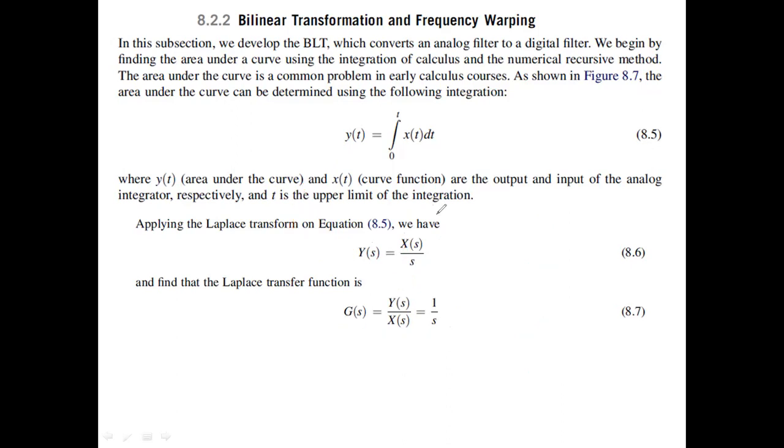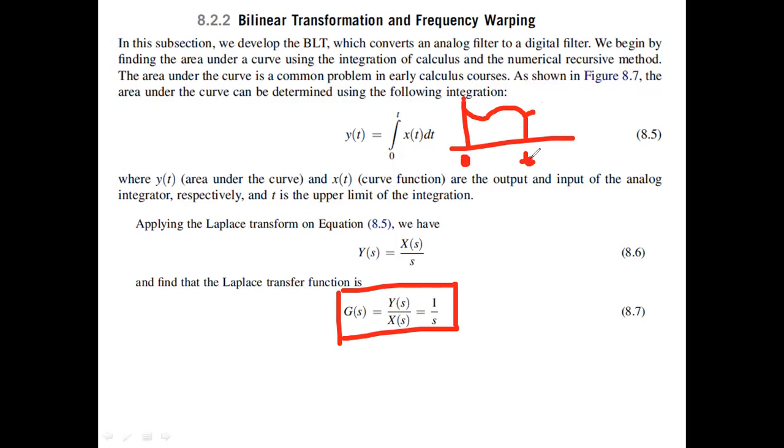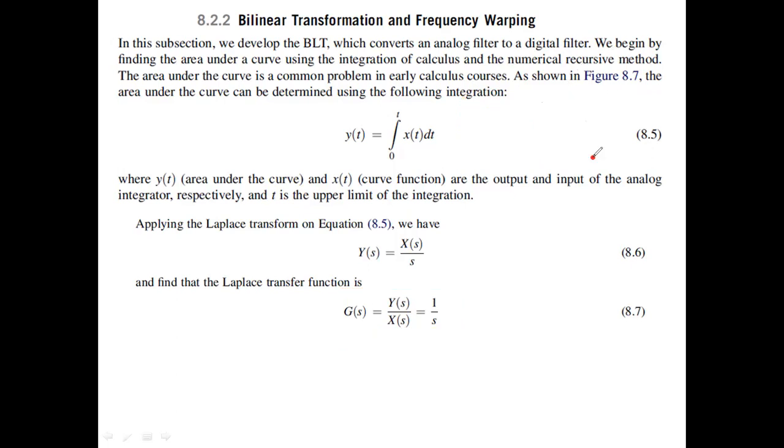So the first step in our derivation is for the area under the curve from duration 0 to t. It was decided that it's simple integration from 0 to t. Laplace has been applied, and we got this thing, 1 by s. Let us continue, and let us try to get its digital counterpart.